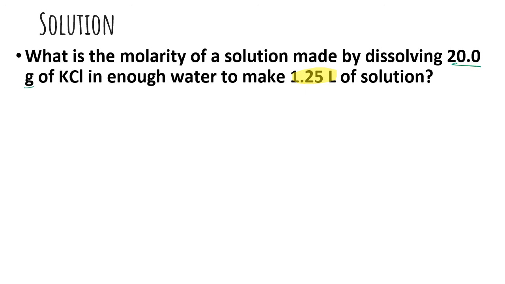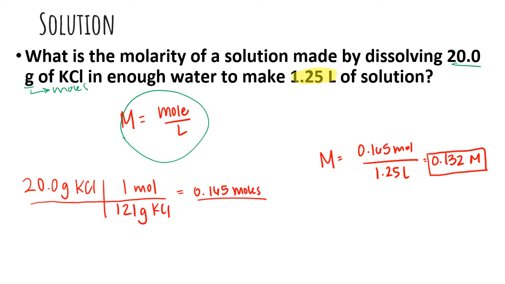So I need to convert that to moles first in order to have moles over liters. So I'm going to take 20 grams of potassium chloride. We all know by this point to convert that to moles, we just use the molar mass of potassium chloride, which is in 1 mole, and we get 0.165 moles. Now we have both things that we need for molarity. We have moles and liters, so we're just going to put moles over liters, and we get 0.132 molar.